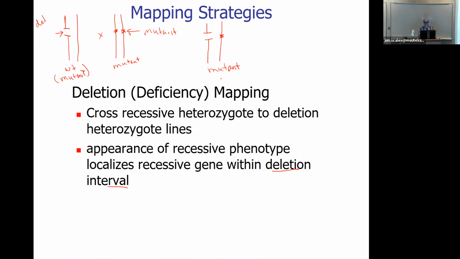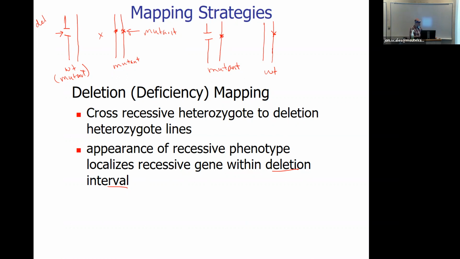Of course, you're also going to get wild types because this chromosome right here could also pair up with the mutant one, right? So these would actually be wild type. But you get some mutants, right? If it had been a true complementation analysis, you would get 0 mutants at all.